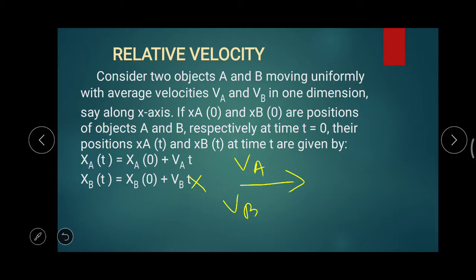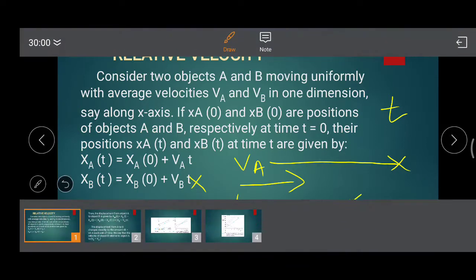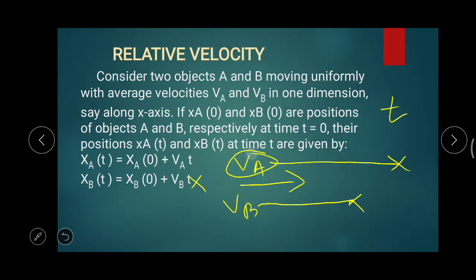So after a time t, A is moving with a larger velocity, so it can cover more distance in a particular time t. But B is moving with a low velocity, so after a time interval t, it may reach only till here. Okay, because VA is larger than VB.